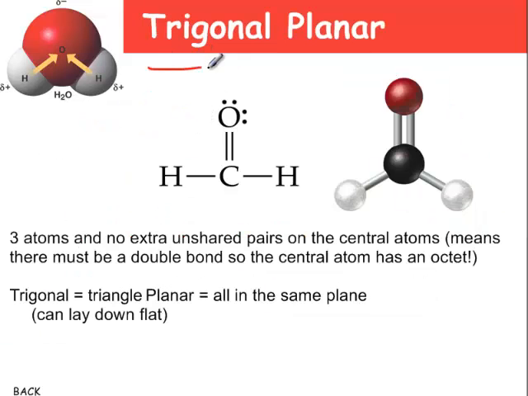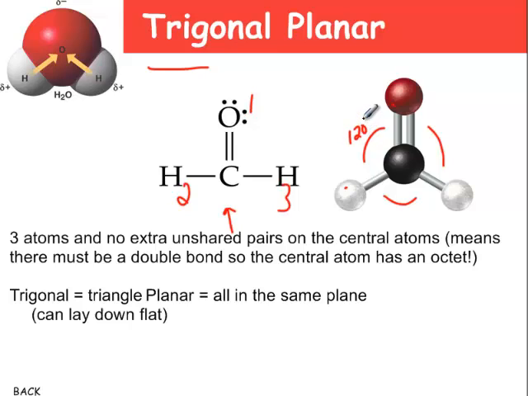Now here's one of our trigonals. This is trigonal planar. We're going to do pyramidal in a minute. Here we draw it out on paper, and again, we'll learn how to do this in a little while. But you count. There's 1, 2, 3 atoms bonded to the center guy, and there's no valence electrons on that center atom. That means they're going to spread out so they're equidistant to each other.